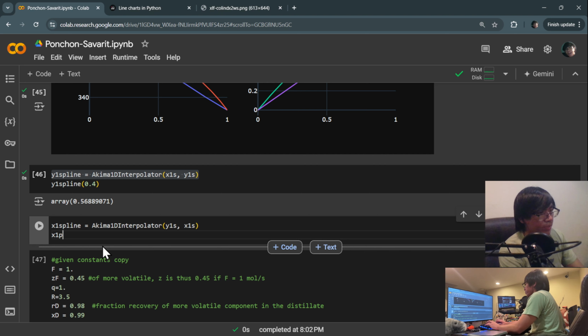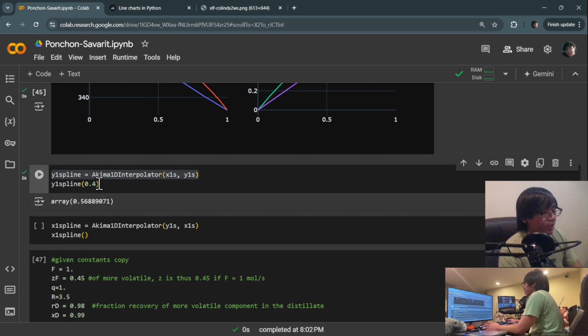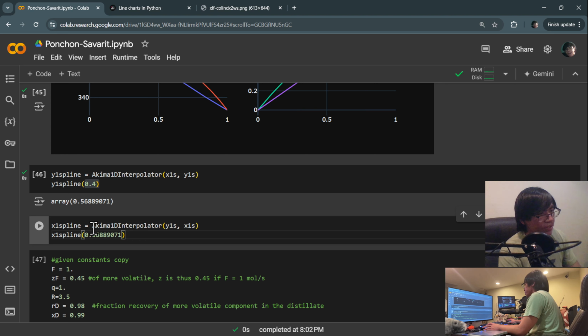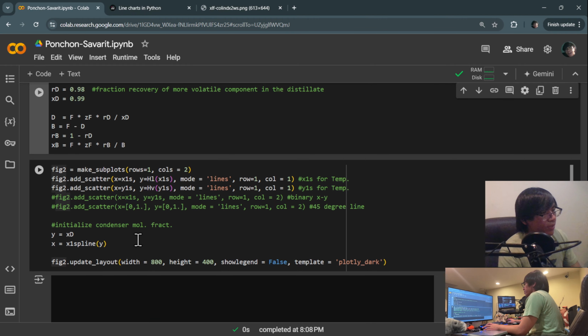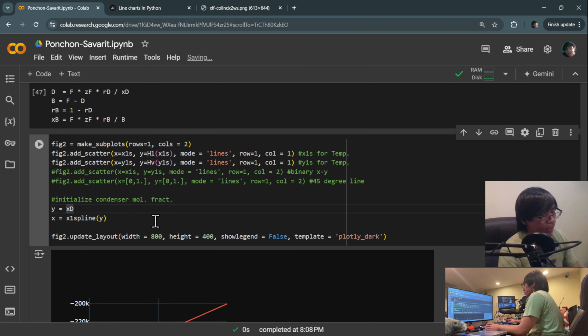So if I do x1 spline, and actually I already have an example here. So given a liquid mole fraction of 0.4, it gave me a y1 of 0.568. So if I give it the same vapor mole fraction, I should get the same liquid mole fraction I put in. Let's see. There you go, it works. Okay. So if that works, then we know this is interpolating correctly.